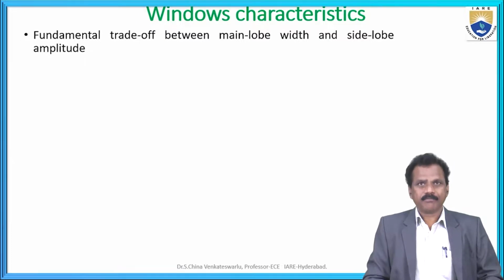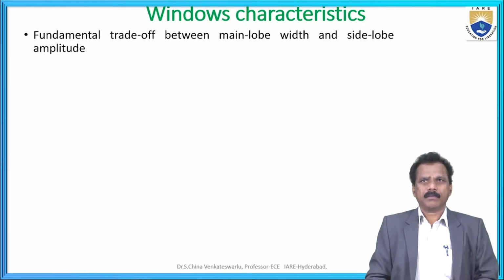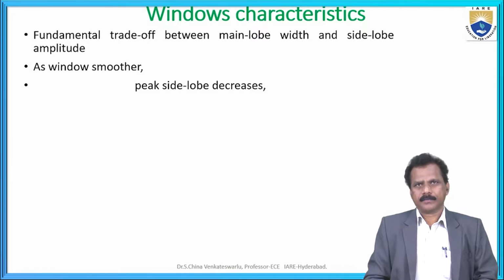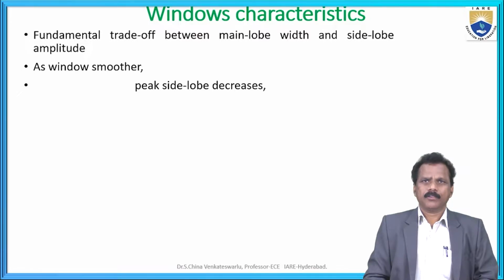In this case, there is a fundamental trade-off between main lobe width and side lobe amplitudes. As the window becomes smoother, the peak side lobe decreases. We expect that as the window gets smoother, the peak side lobes decrease. If it increases, we cannot expect smoothness.